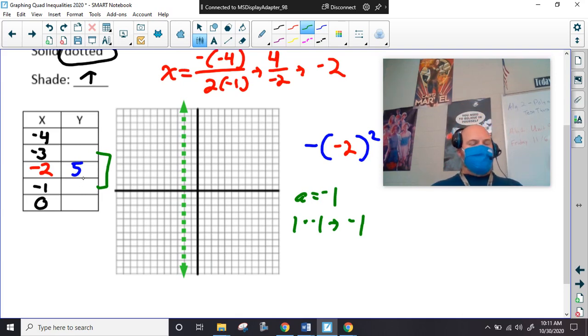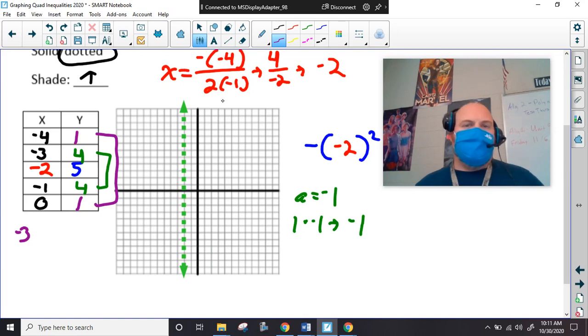So 5 plus -1 is 4. This is our 3A, so that's -3. So 4 plus -3, or 4 minus 3, is 1. All right. So 1, 2, 3, 4, 5.